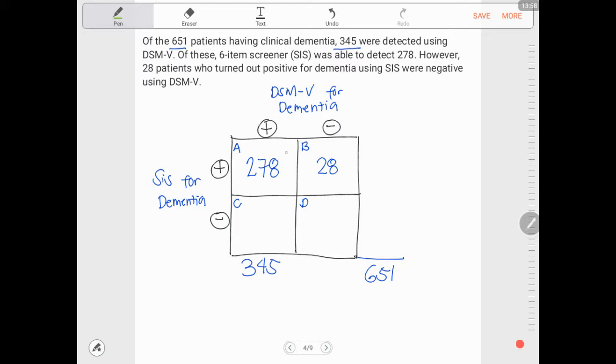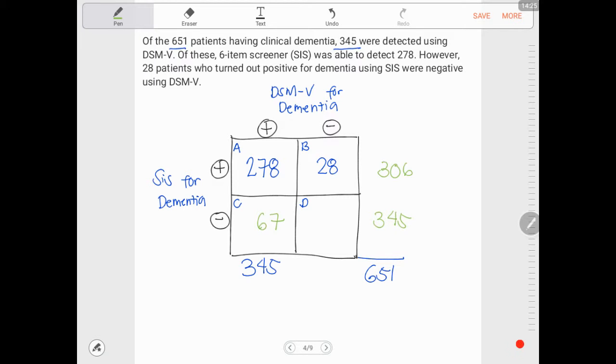345 minus 278, that gives us 67. Okay? 278 plus 28, that gives us 306. 651 minus 306, that gives us 345. Okay?